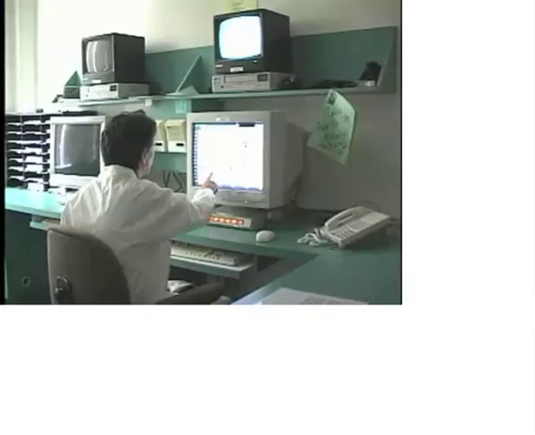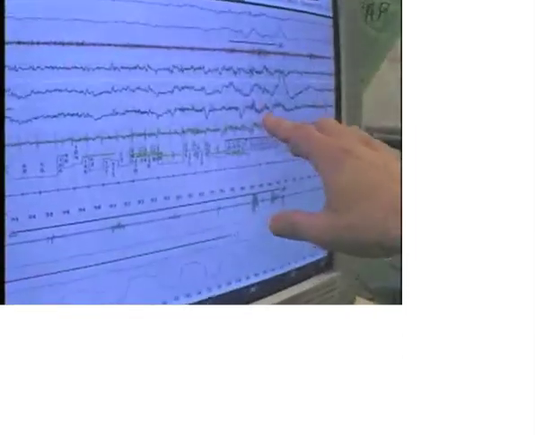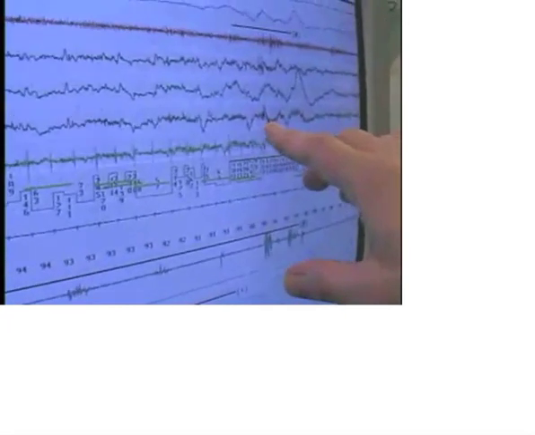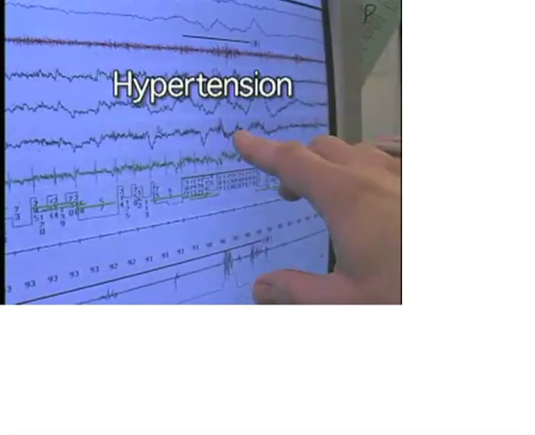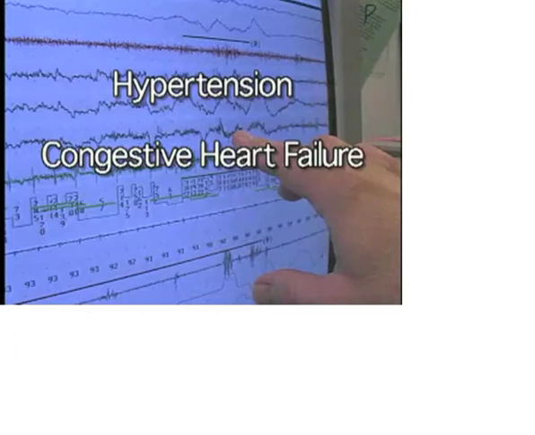And it's important to treat sleep apnea because of long-term health risks. Sleep apnea is a condition that's present in about 4% of middle-aged men and 2% of middle-aged women, can be seen in children, and can be seen in the elderly. Sleep apnea is the most common problem seen in sleep centers today. And Dr. Atkins reports there is growing evidence that sleep apnea has a significant effect on people with hypertension, congestive heart failure, and stroke.